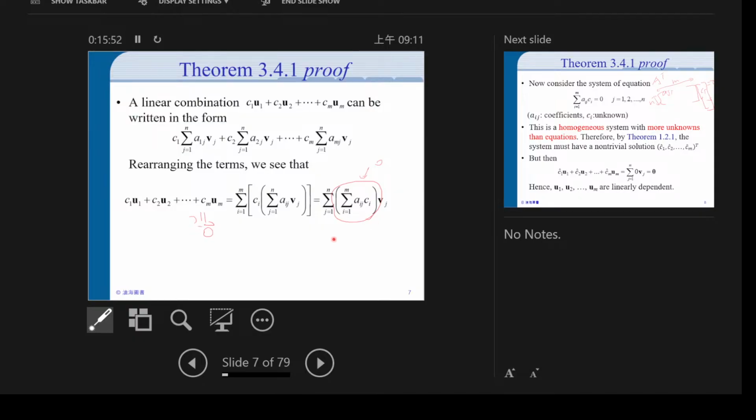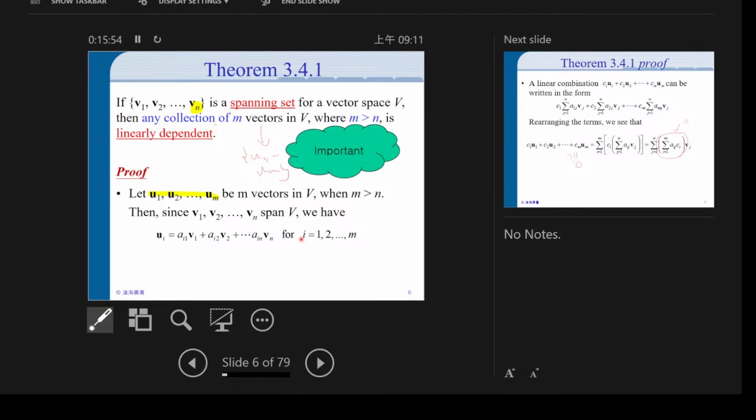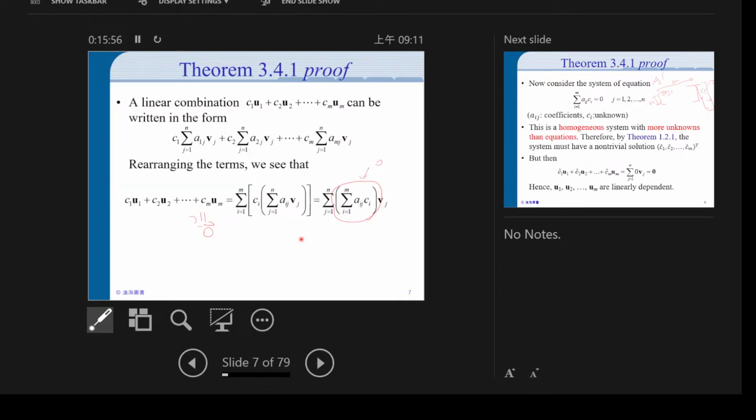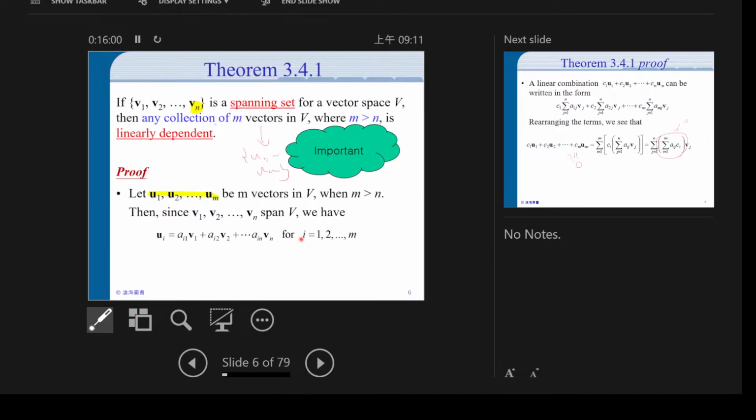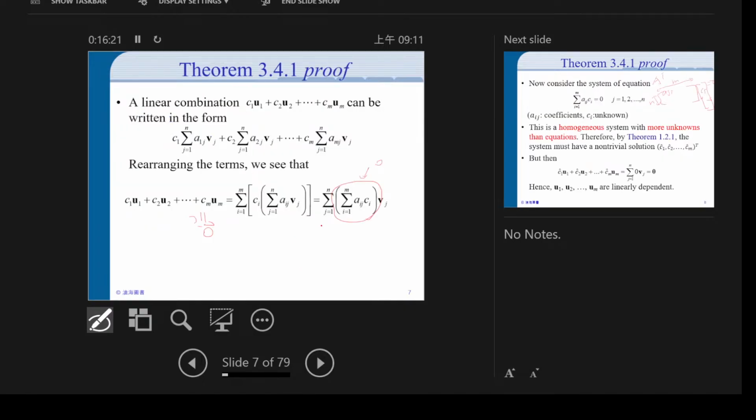For now, because this doesn't matter, let's assume V1 to Vn is actually a basis. I think it's a bit easier to prove. A basis is also linearly independent.